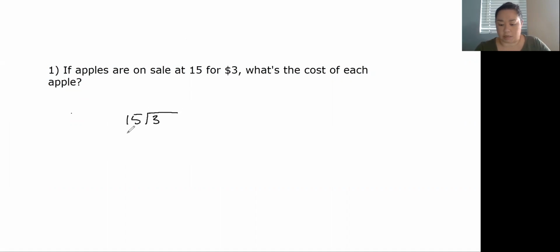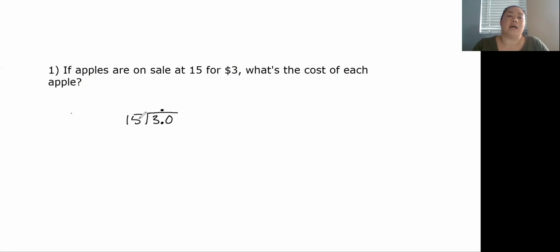So 15 divided by 3. 15 is way bigger, right? That doesn't work. So I have to put a decimal, and I'm going to put my decimal up here too, and I have to add my 0. This is stuff from a long time ago, learning long division before elementary school or something. These are old school skills they want you to remember.